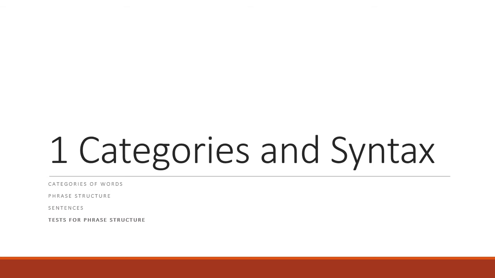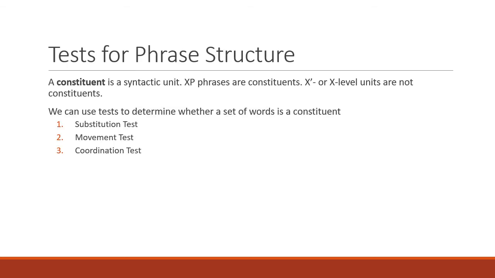So there's different ways to test the phrase structure. When you are creating a tree for a sentence, you want to know whether you have a phrase structure or whether you have just an item within a phrase structure, right? And the constituent is a syntactic unit, and in X-bar theory, the constituent is going to be the XP.